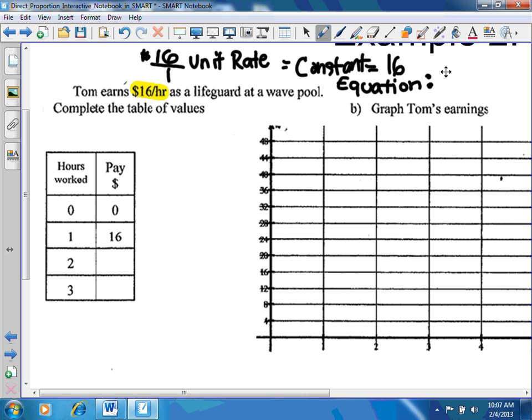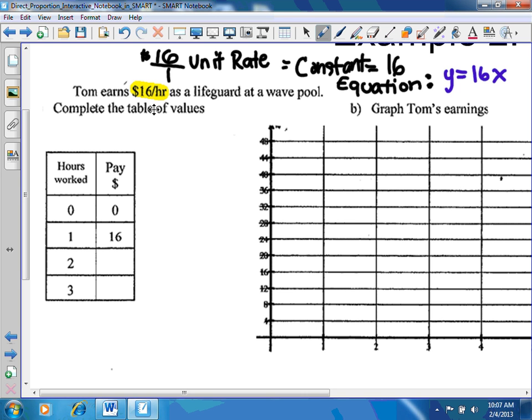Y equals 16x. There we go. All from that one little statement right there. So if it's a unit rate that's in the problem, that solves a whole lot of problems for you quickly. Okay? You can get the constant, you can get the equation.